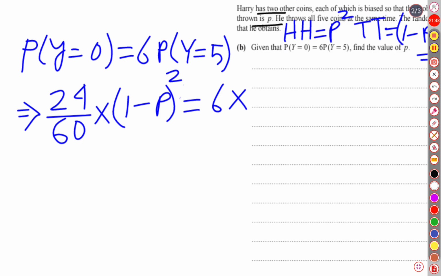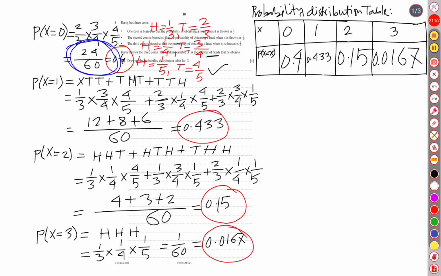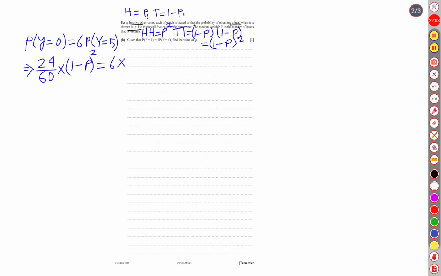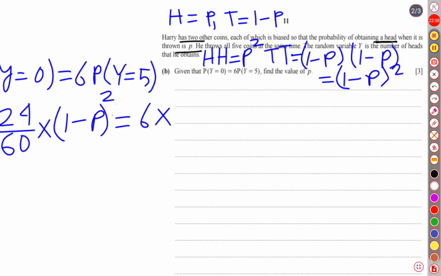So first we will write the probability of 3 coins. If all 3 coins show head, what will it be? Look at this, it was 1 over 60. So 1 over 60 for 3 heads. Then for the next 2 coins, as all of the 5 coins are thrown together, we will have to do multiplication.